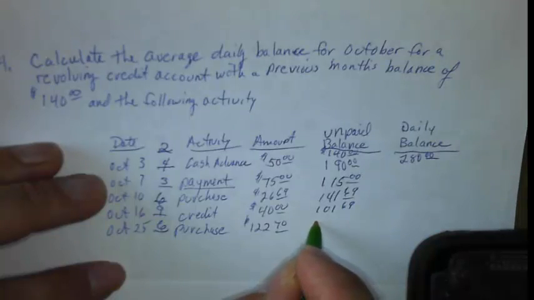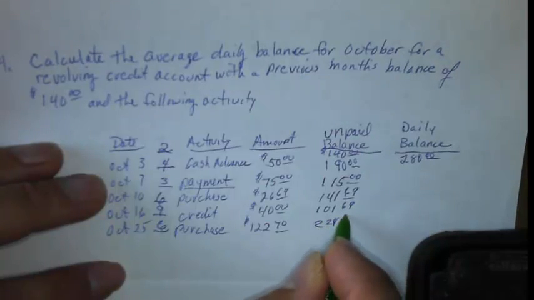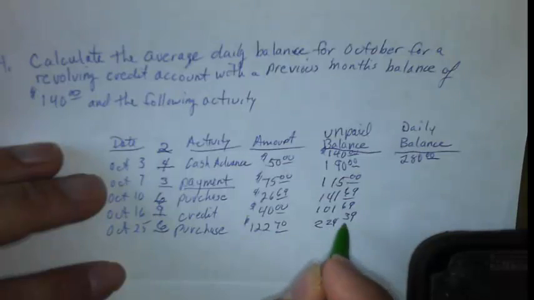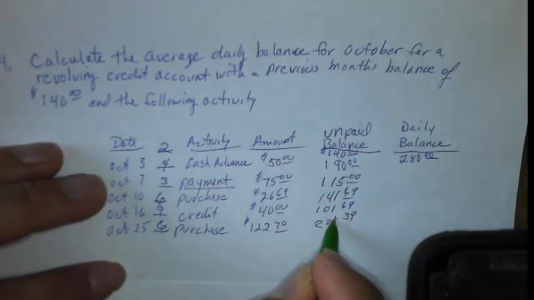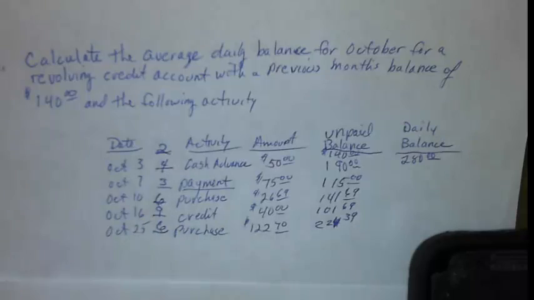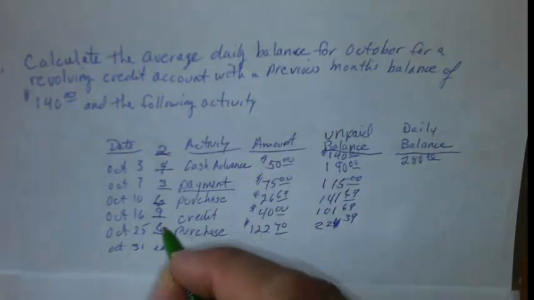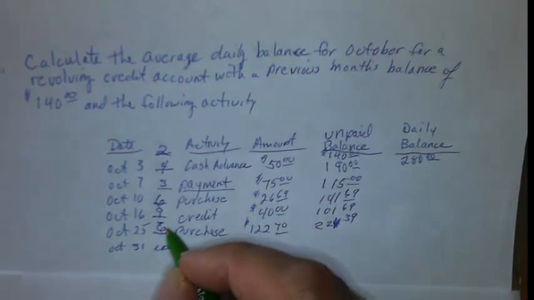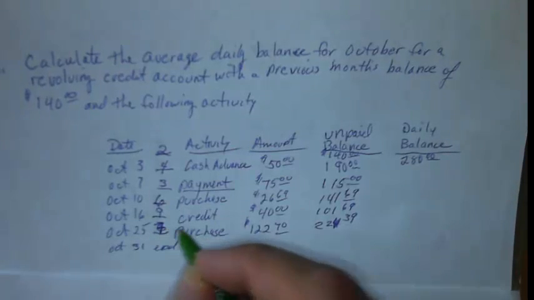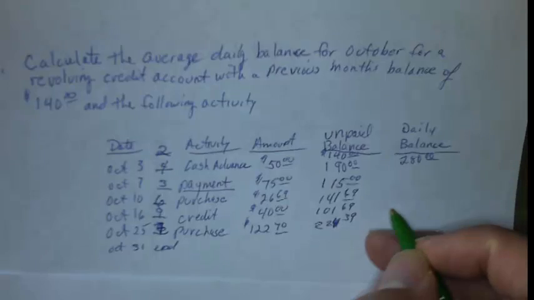So our total balance then will be 224.39 when we add this onto that. Okay, so the end of our month then is the 31st. I think you'd actually end up having 7 days because you count 25, 26, 27, 28, 29, 30, 31. So that actually gives us 7 days then on the purchase price.